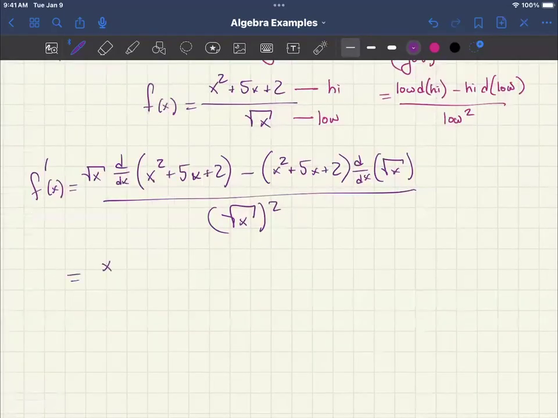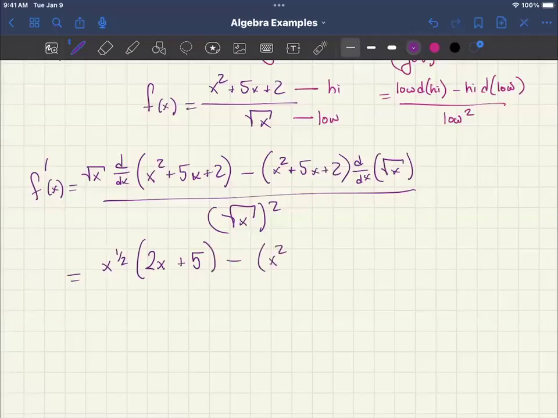We're going to use the terms that we had before. Our 2 comes down, subtract 1, so it's 2x plus 5. Our x disappears here, and our 2 is going to disappear completely because it's a constant.